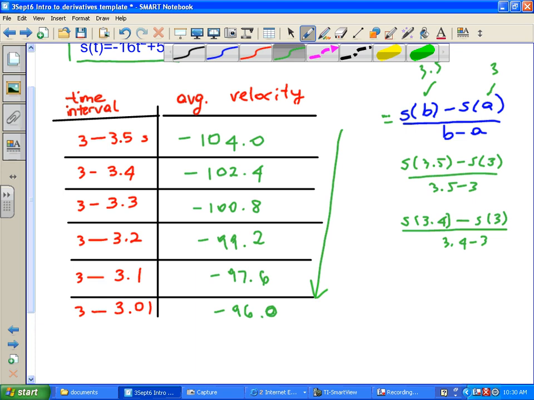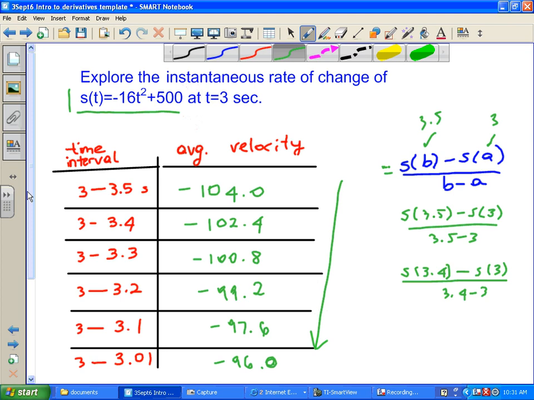And why was there a 16? Because that's the gravitational constant. It comes from the formula negative 1/2 g t squared. G is negative 32. But again, we don't have to know any of that. We can still find average rate of change by just following the average rate of change formula, which is this one right here. Okay, so we have an idea.